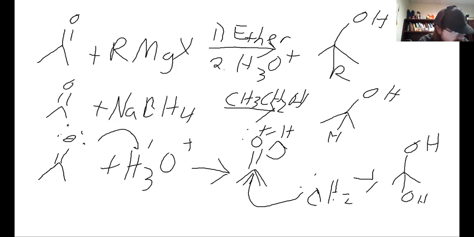Now, when we deal with these, aldehydes are generally more reactive to nucleophilic addition than ketones due to the electronic effects and the steric effects.